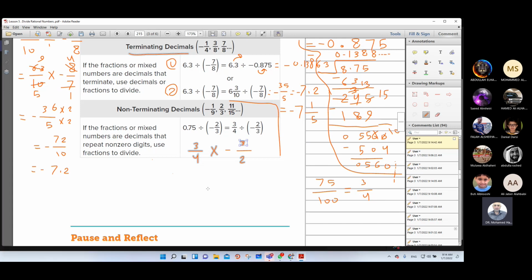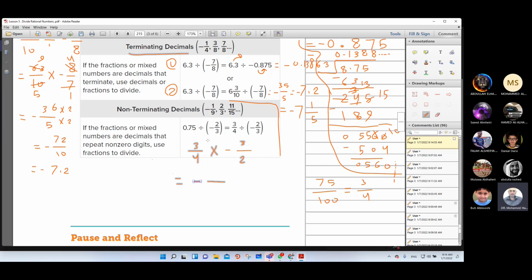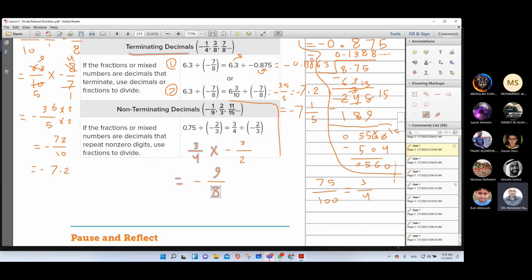Then you can simplify if possible. Here we cannot simplify. So multiply numerator by numerator, 3 times 3 will be 9, and denominator by denominator, 4 times 2 will be 8. So the answer as a fraction is 9 over 8.